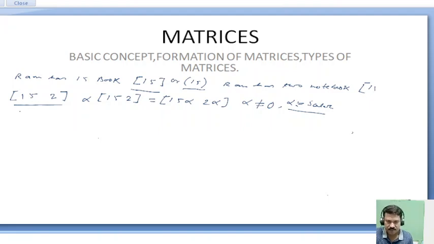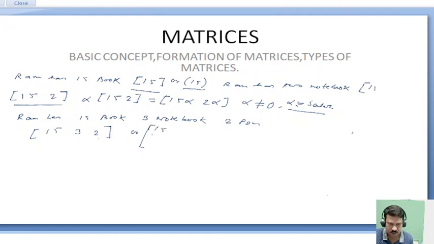Now consider Ram has 15 books, 3 notebooks and 2 pens. We will note it as 15, 3 and 2 within this box.